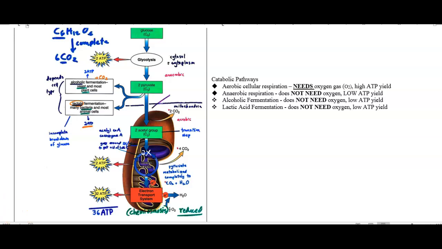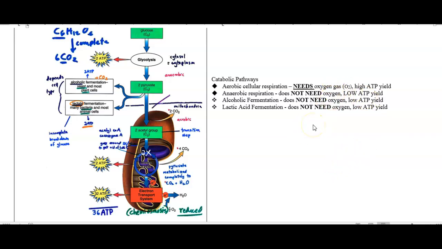And if you look at the picture, all the arrows going straight down, that's aerobic. Anaerobic, without oxygen. Oxygen can be present. Some organisms just do it this way. But we can do either way.